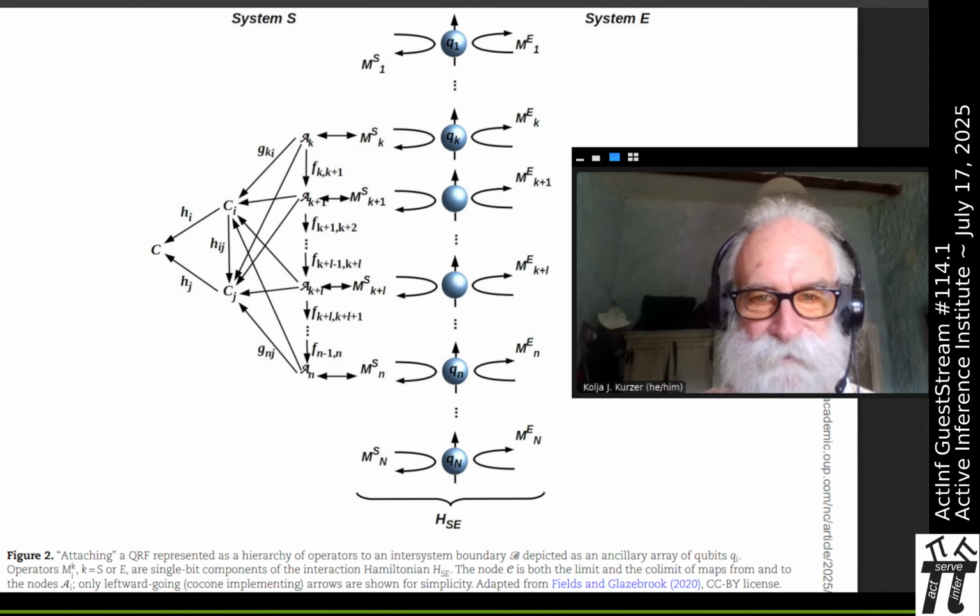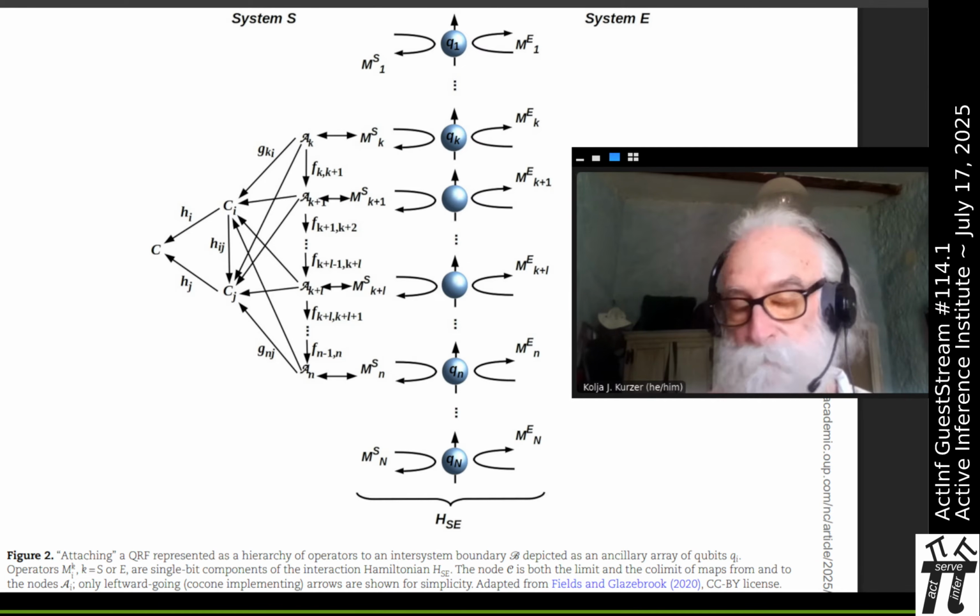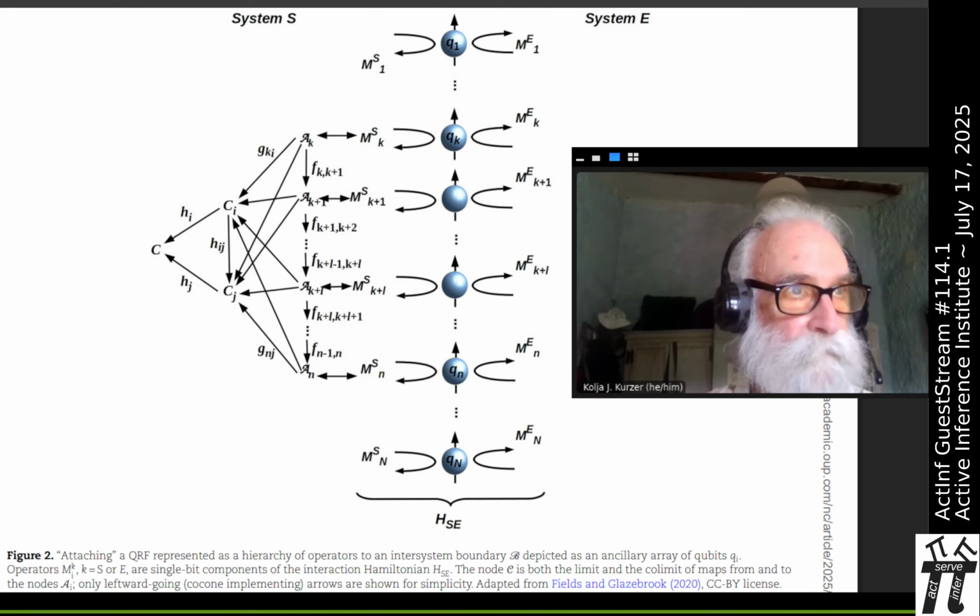If I do one thing and then another thing, the second thing often depends on the result of the first. And it can depend causally, or it can depend non-causally. And if it depends non-causally, then that's quantum non-commutativity. Both kinds occur all the time.